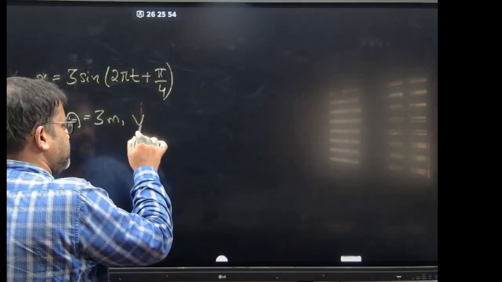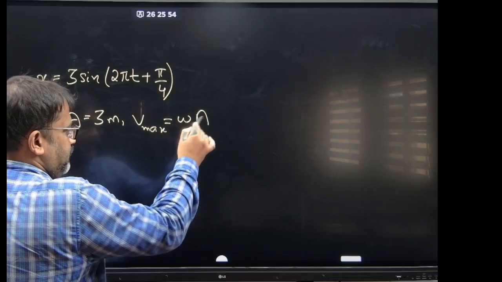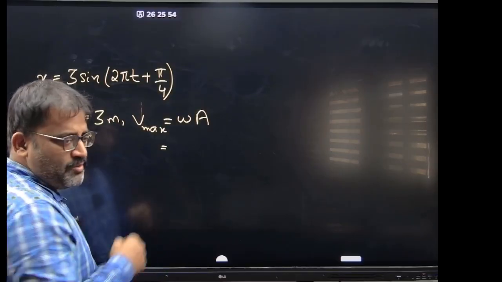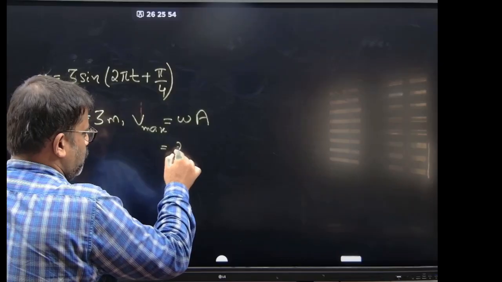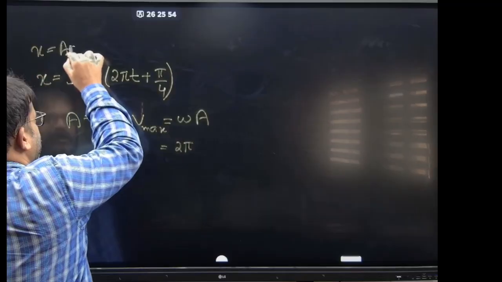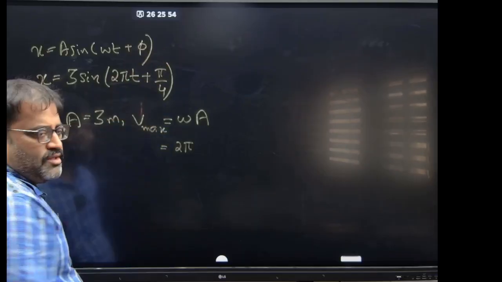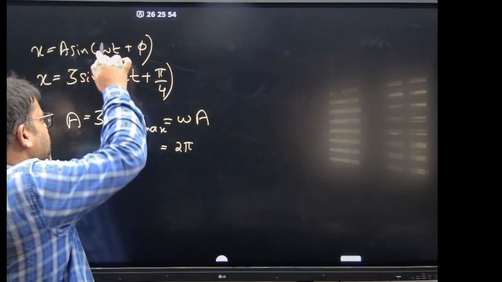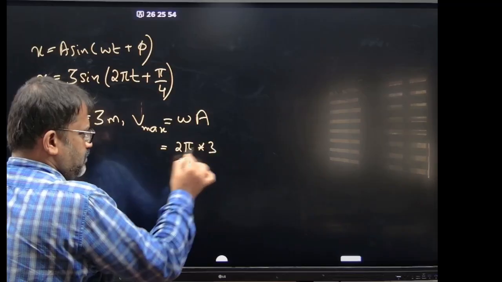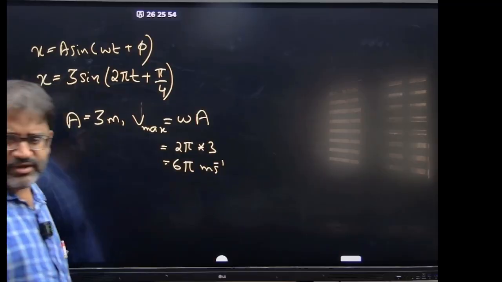We have just done yesterday the formula, maximum speed is equal to omega into A. So amplitude is 3, and what is omega? It is 2 pi, because we can compare this equation with x is equal to A sin omega t plus phi. When we compare that, we can see that omega is equal to 2 pi. So it is 2 pi into 3, that is equal to 6 pi meter per second. So which is the right option now?